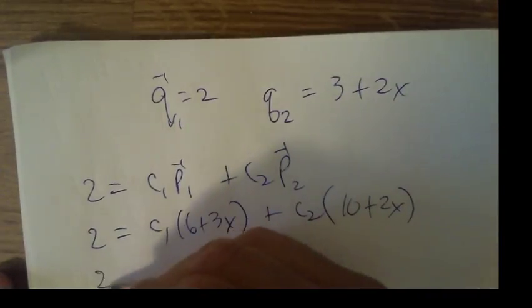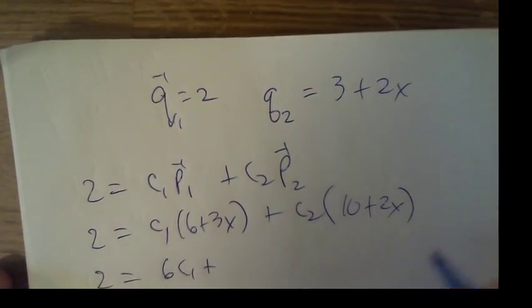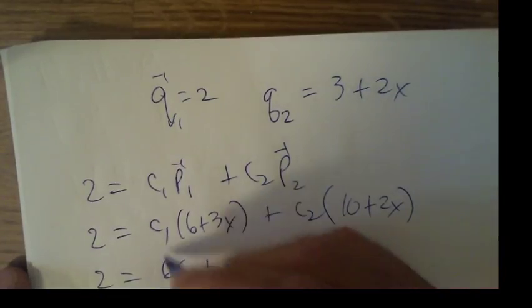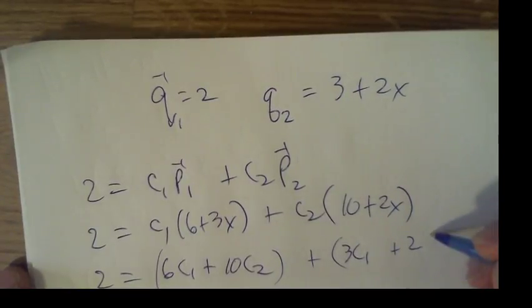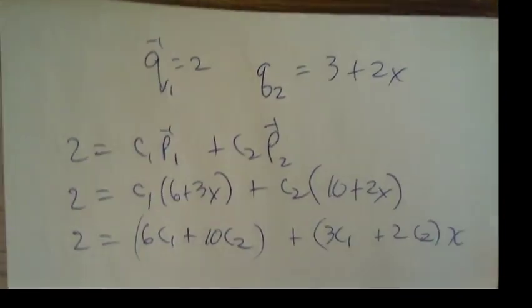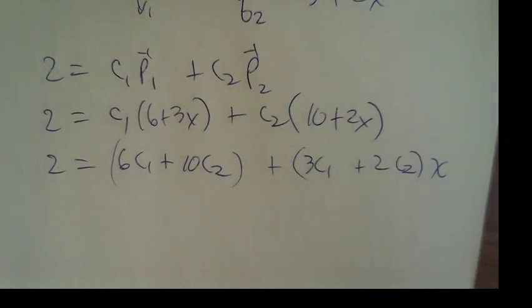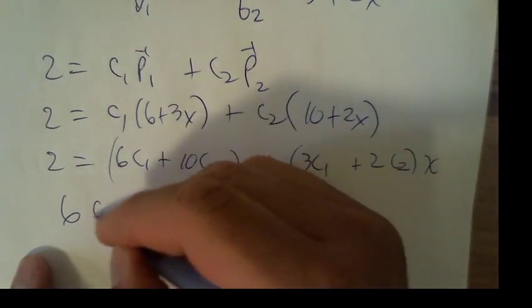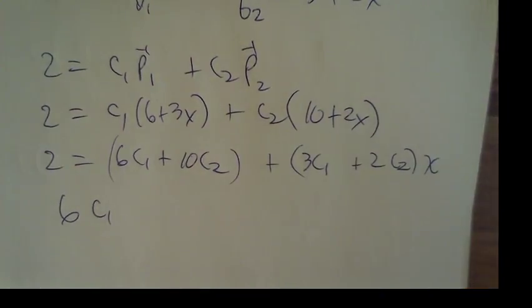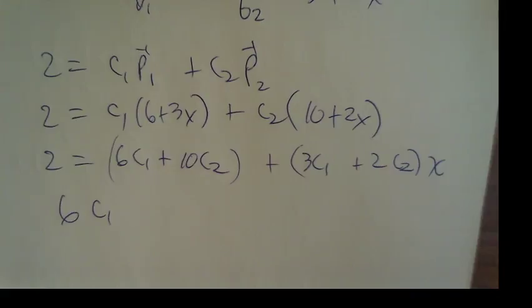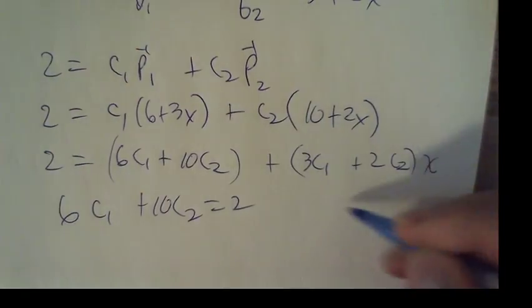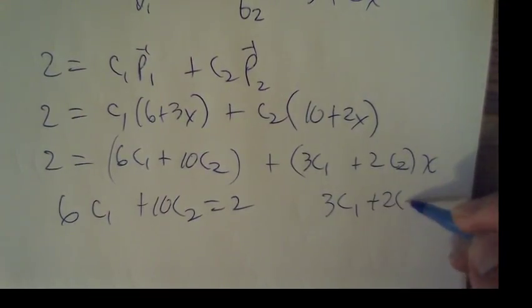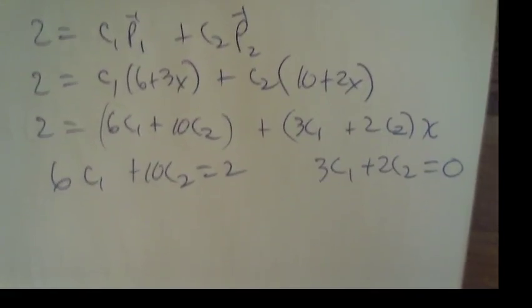All right, so here we have something like this, and then just setting components equal to each other, we have 6 C1 plus 10 C2, that's equal to 2, and then we got 3 C1 plus 2 C2 is equal to 0.